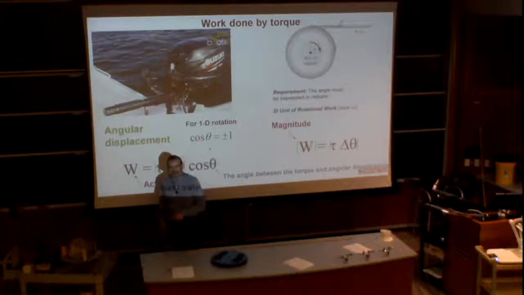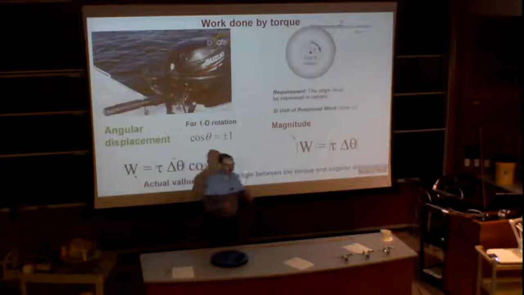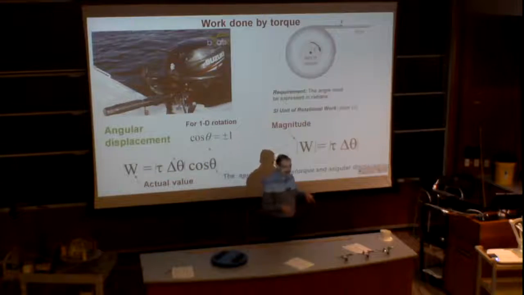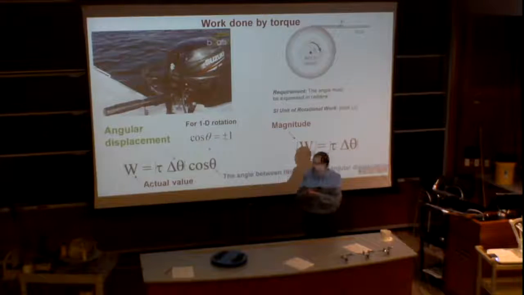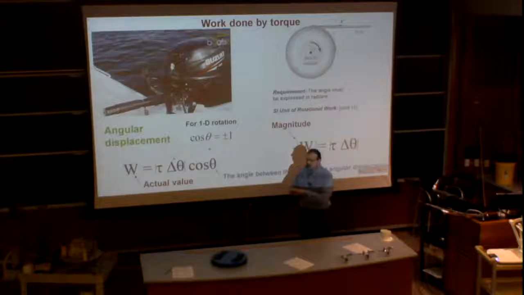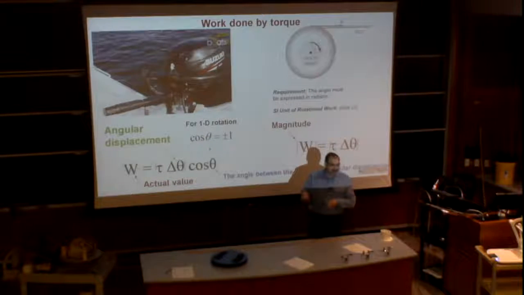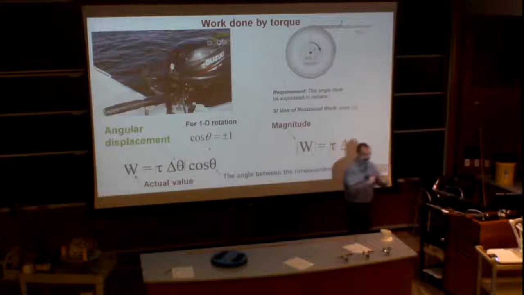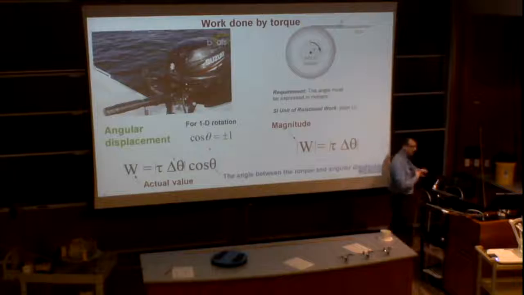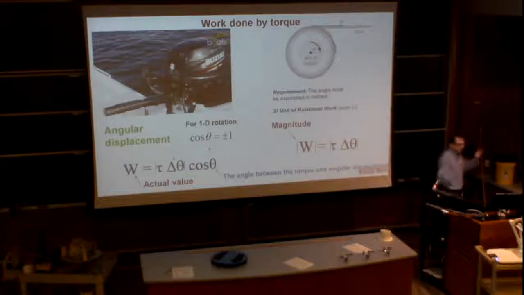If they are parallel, both clockwise or both counterclockwise, there is no angle between the two: 0, cosine of 0 is 1. Work is positive. If opposite, angular displacement, let's say, clockwise, and the torque counterclockwise, cosine of 180 is negative 1, and the work is negative.